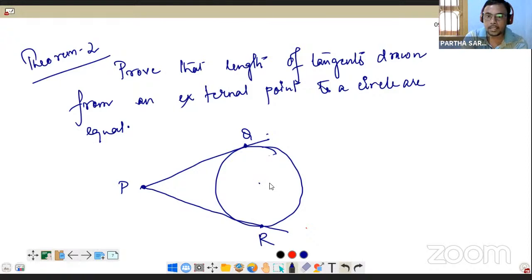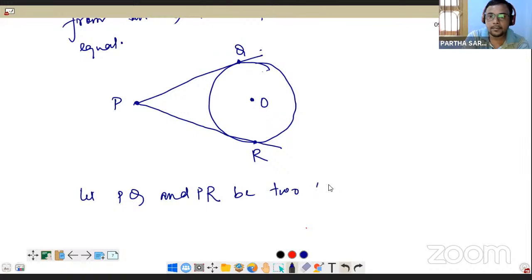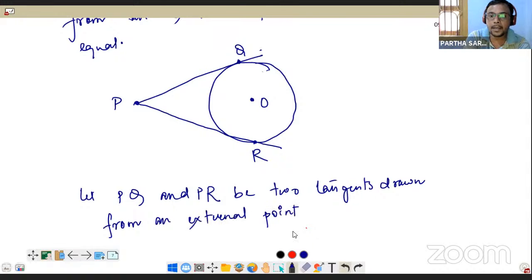Let us see. So think that this is the center of the circle, which we are representing as O. So we'll write here: let PQ and PR be two tangents drawn from an external point P. To prove: PQ is equal to PR.